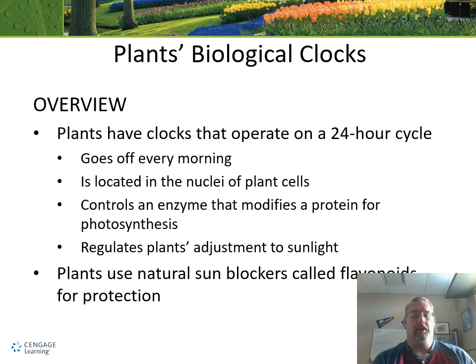So I talked about this a little bit in last lecture, I believe. It was a plant's biological clock, and plants, they operate on a 24-hour cycle. So everything goes off in the morning. You have all these different processes that happen. Photosynthesis is occurring while the sun is out.